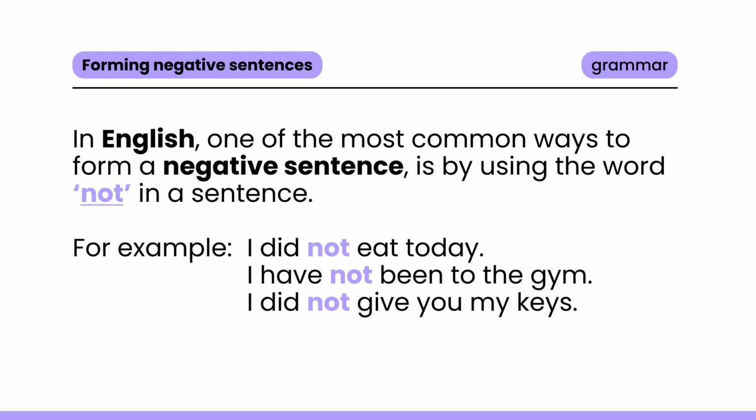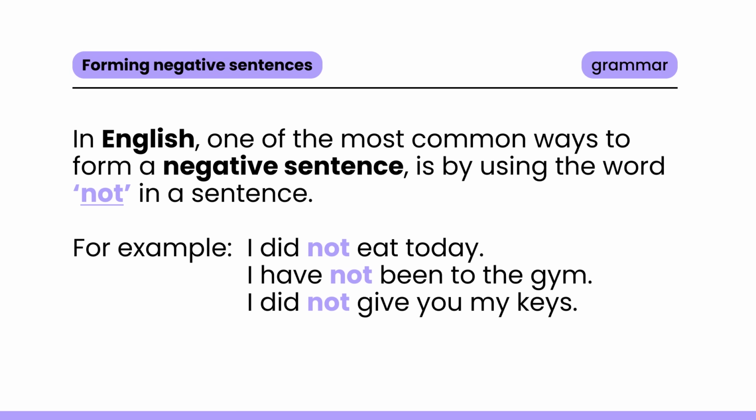Alright, so before we dive into negative sentences in Spanish, let's first look at what negative sentences are. As the name already suggests, a negative sentence is a sentence that states something that is false. In English, one of the most common ways to form a negative sentence is by using the word not.